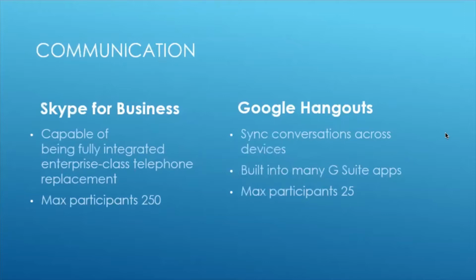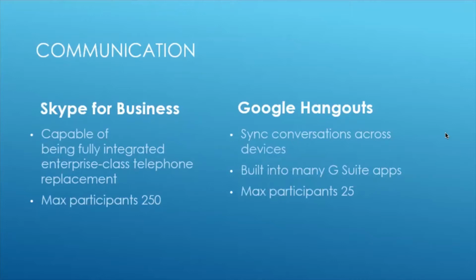Skype for Business is pretty new, and from using it myself, it is fantastic. It's gorgeous. The user interface is very clean, very simple, and very easy to navigate. It is capable of being fully integrated into an enterprise-class telephone replacement. So if you wanted to set up Skype for Business to be your enterprise phone system, that is an option with the Office 365 product suite.